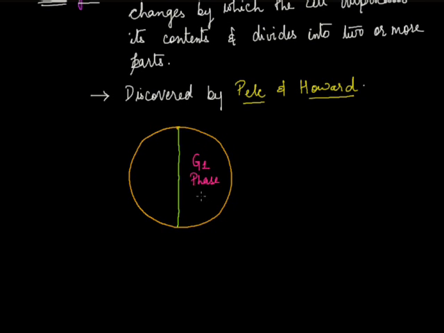On a 24-hour scale, this G1 phase covers half of the 24-hour scale, that is 12 hours. One fourth of the cell cycle is covered by the S phase, and it takes about 6 to 8 hours.